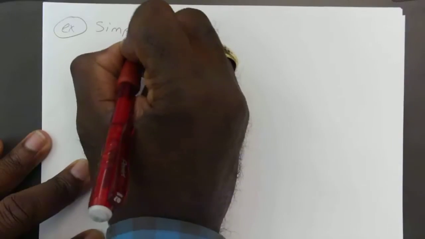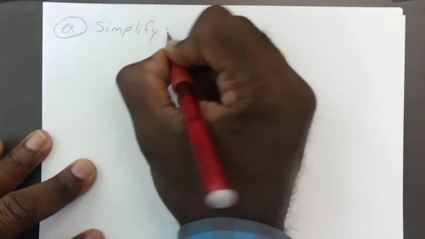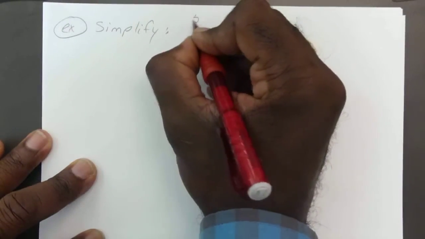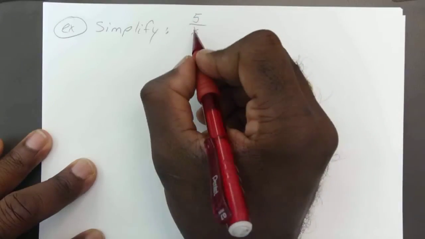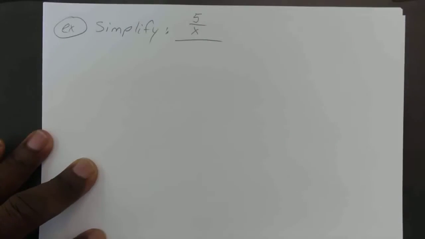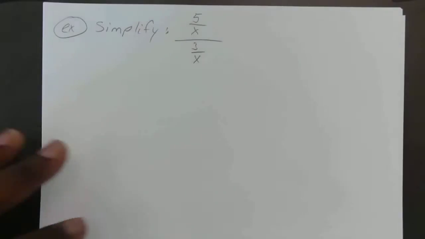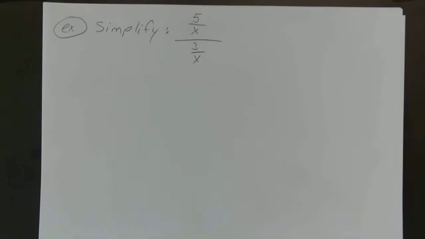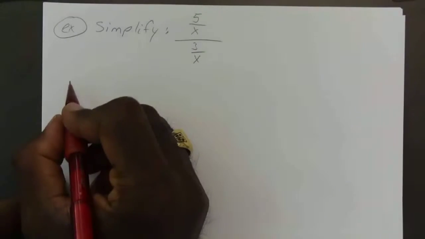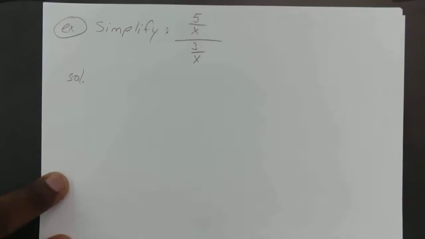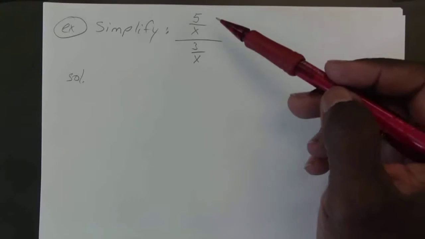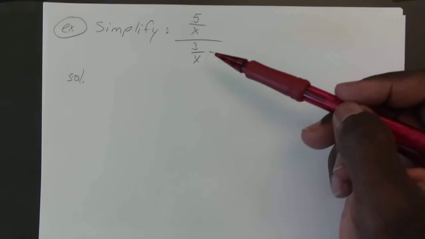Okay, so let's say, for example, if you wanted to simplify 5 over x divided by 3 over x. Okay, so here you already have a single fraction in the numerator and a single fraction in the denominator.